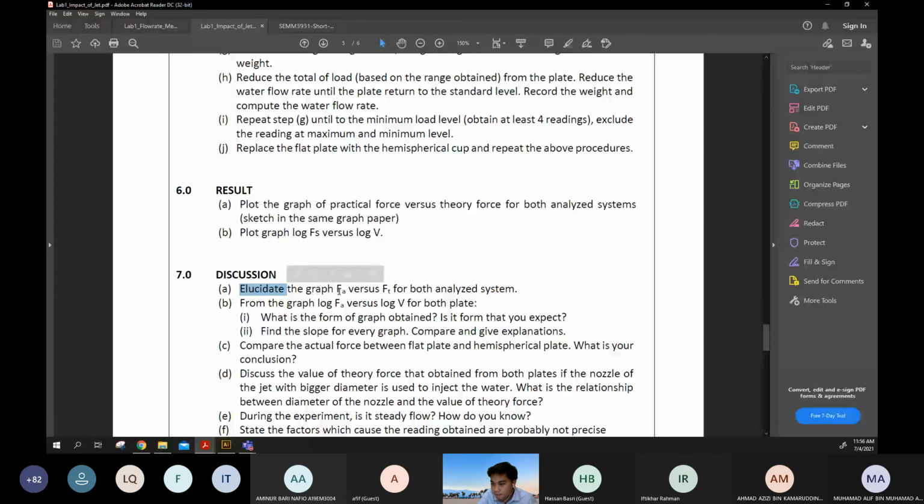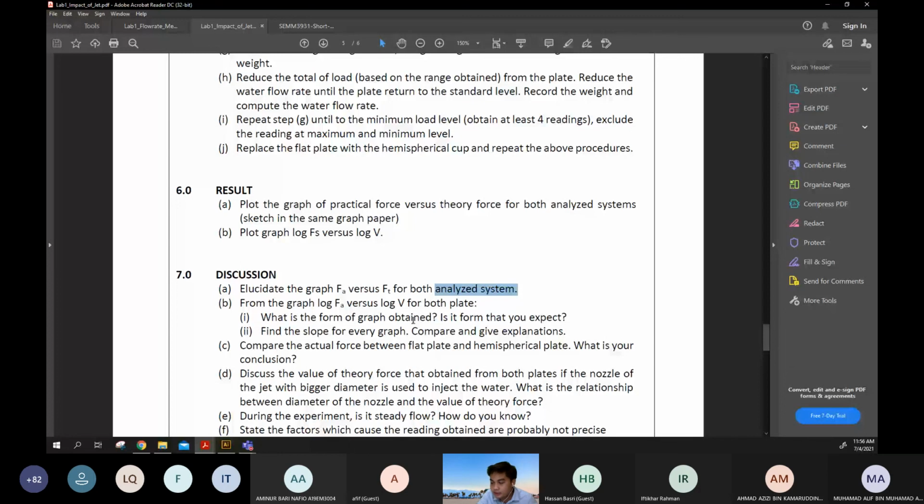For the graph FA versus FT, this is the actual force versus theoretical force for both analyzed systems, meaning the flat plate and the hemispherical cup. And secondly, from the graph log FA versus log V for both plates, you need to explain what is the form of graph obtained.